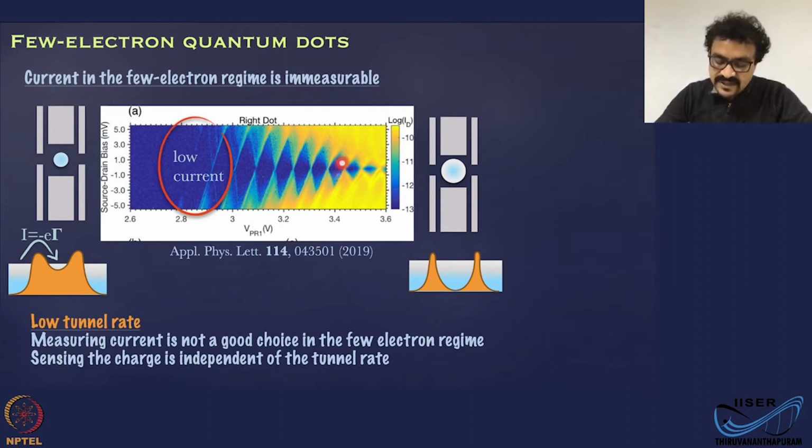And we know the size of the diamond directly gives you the size of the dot via the charging energy. And you can see that the size of the diamond increases, which says the charging energy is increasing as you go from right to left, or the dot size is decreasing.